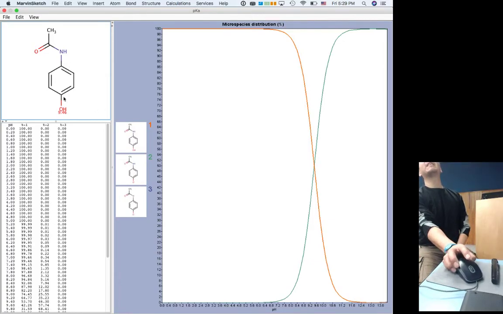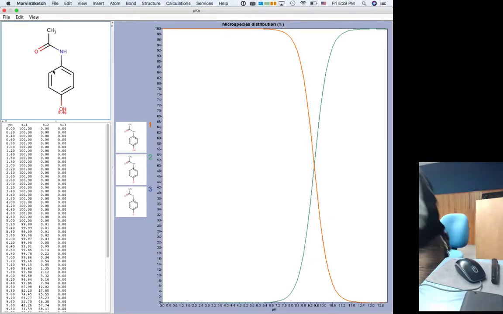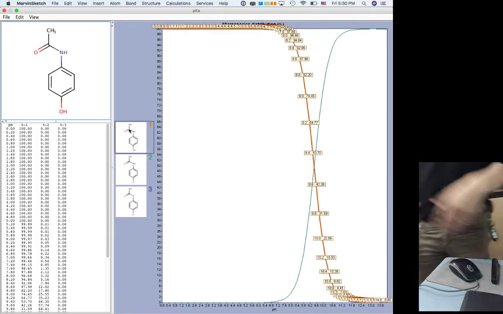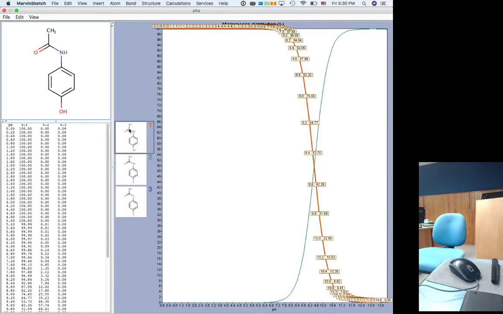And what we have here is a representation of the molecule with the charge, or the pKa, where it's going to be located. So according to this representation, the pKa for this molecule actually comes from this hydroxyl group. If you take Tylenol to a pH near 10, this hydroxyl group should deprotonate, according to this calculation. If you click on number 1, and I think they should be ordered in the same way, number 1 is the neutral molecule.